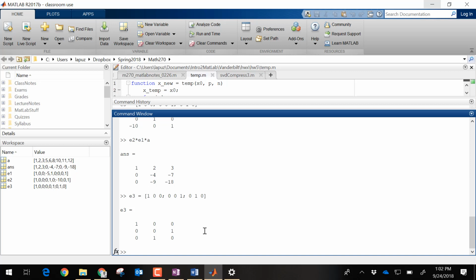And then now I'm going to multiply my current matrix, which is E2 times E1 times A, by E3 on the left side.